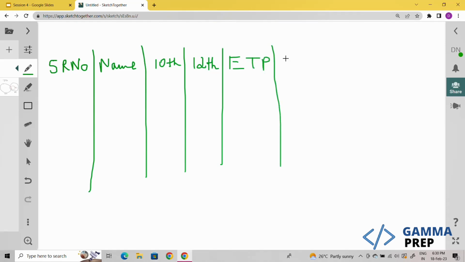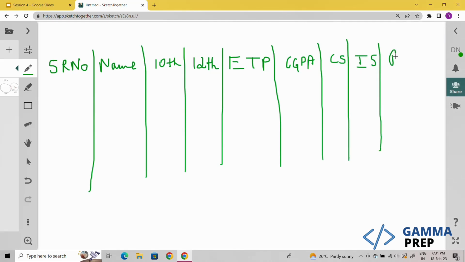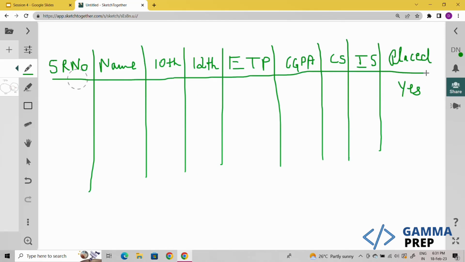Then the next is their CGPA, then the grade they got in communication skills, the grade they got in interpersonal skills, and finally whether they are placed or not. So this would be a yes or no. Let's talk about some students here. This is the historical data that we have for the seniors.